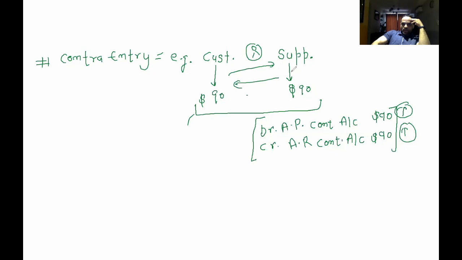One time you need to pay, another time you need to receive, so the balance is zero. So I'm going to debit my accounts payable control account. What does it mean? My accounts payable will reduce because I'm paying them.